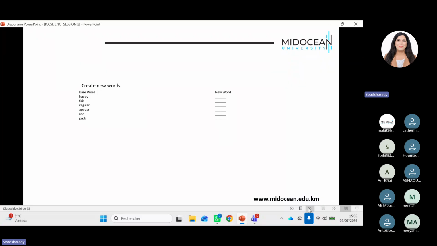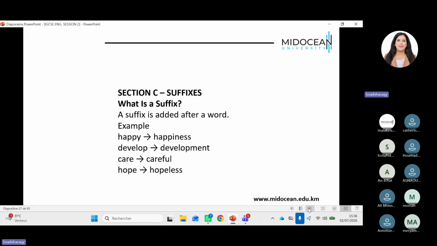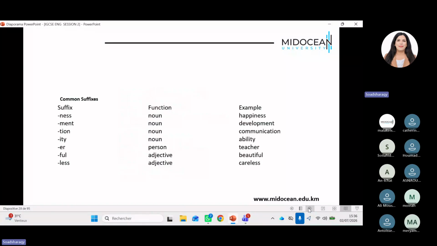Okay, now let's move on to section C. I'm going to talk about suffixes, okay? Now, after talking about prefixes, now we're going to talk about suffixes. What is a suffix? A suffix is added after a word. For example, happy, happiness, development, care, careful, and hope, hopeless.